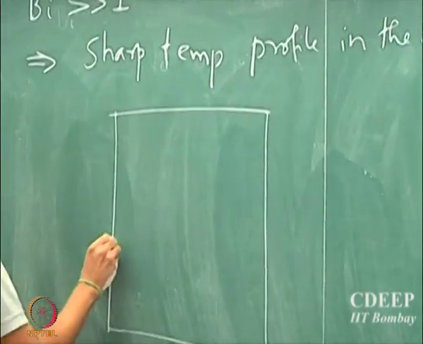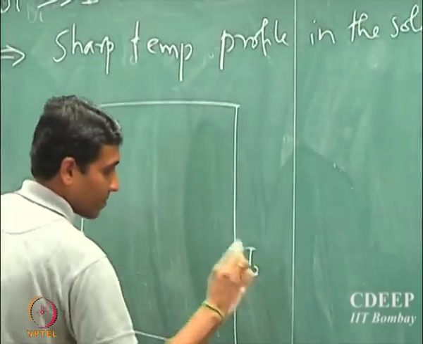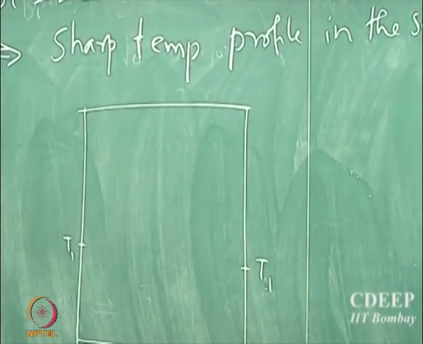So supposing I maintain the same temperature on both sides of the slab, okay, so I will have a symmetric temperature profile.